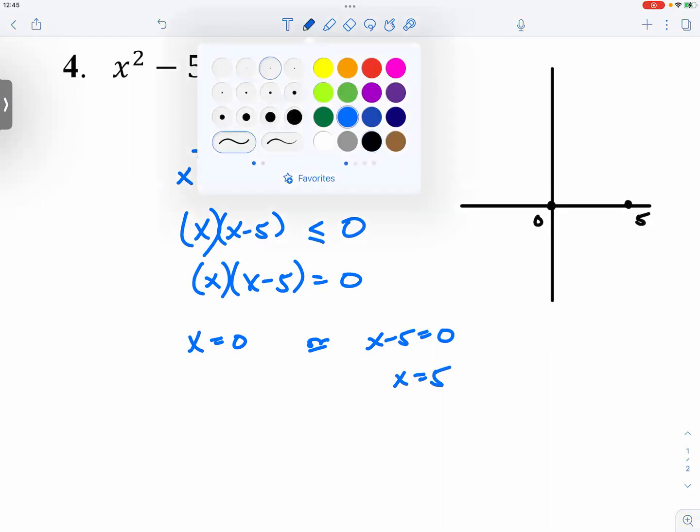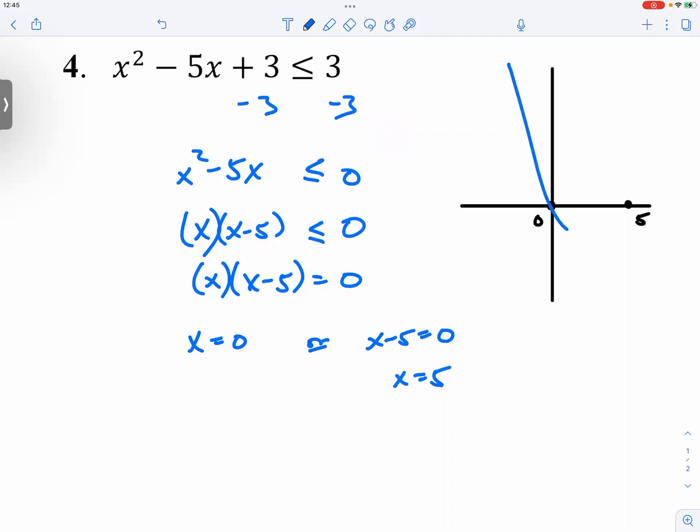Okay, and you draw your parabola. And then we say, yeah, we want this to be what? We want this to be less than or equal to 0. So what's our solution?